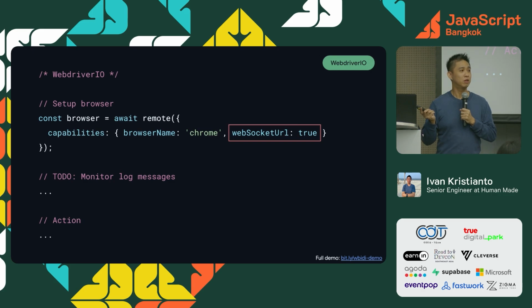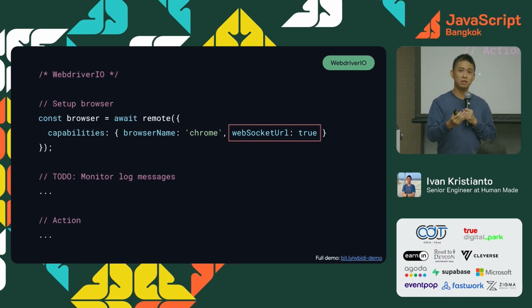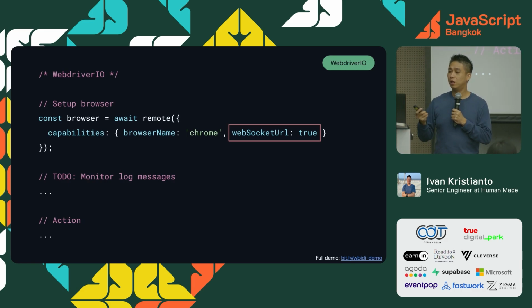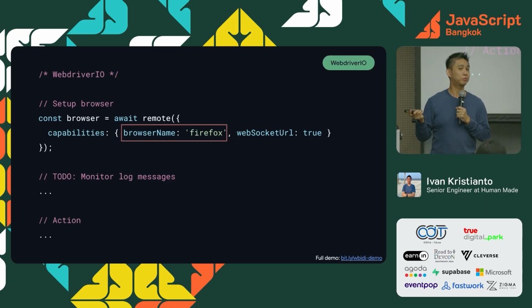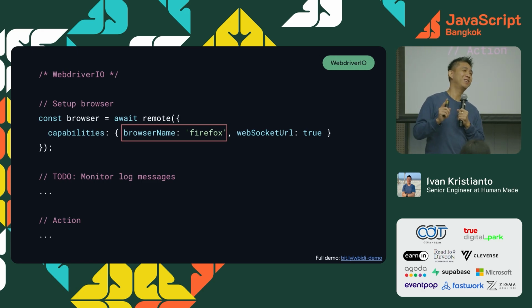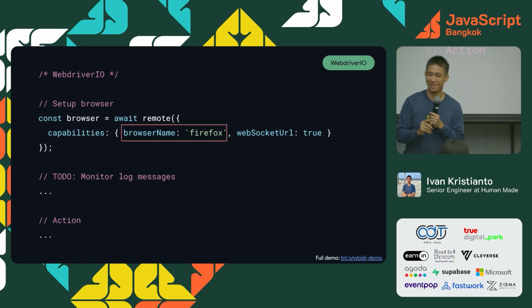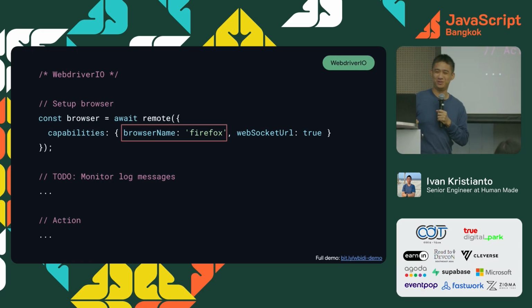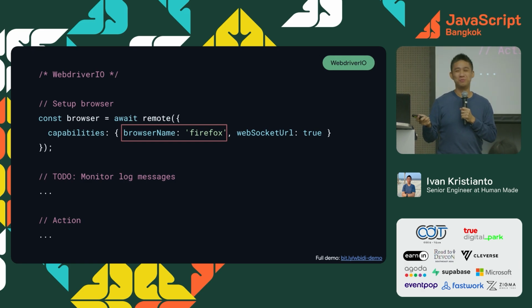That's it. Now your test can use WebDriver BiDi capability, and then you can use either Chrome or Firefox, and that's it. Safari, where is Safari? Not yet. I hope so. Okay. Soon.